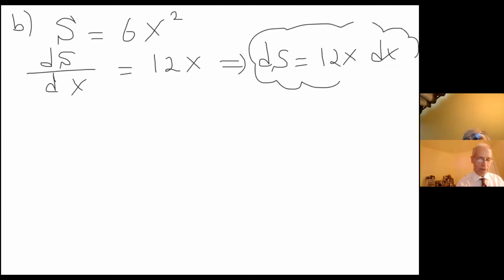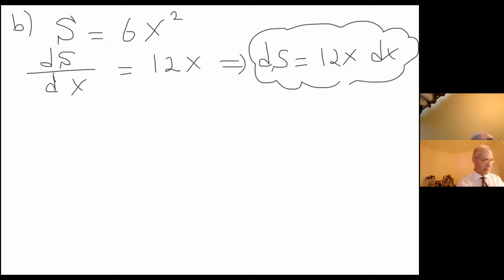So the first part was the derivative. The second part is known as the differential, having the dx on the right-hand side. And once again, because many things in this life are measurable and tangible, it is okay to multiply both sides of an equation by anything that we want.